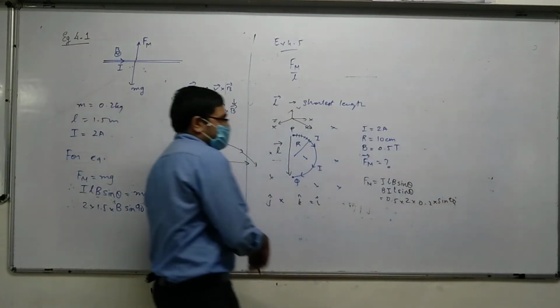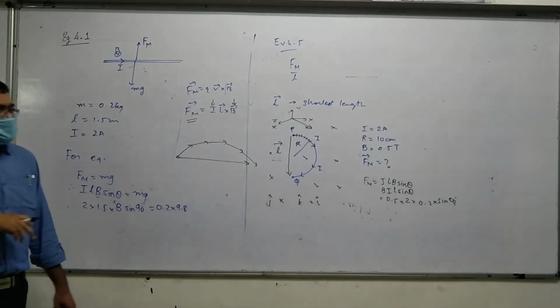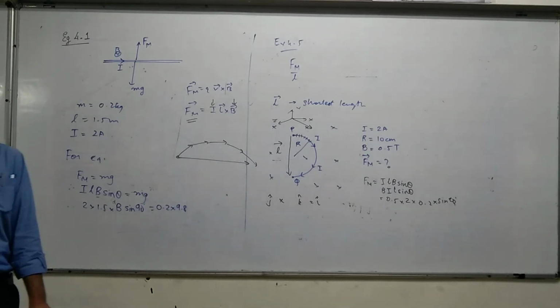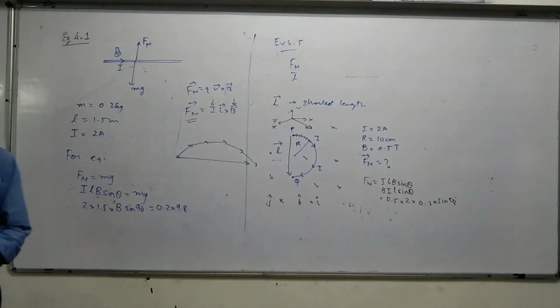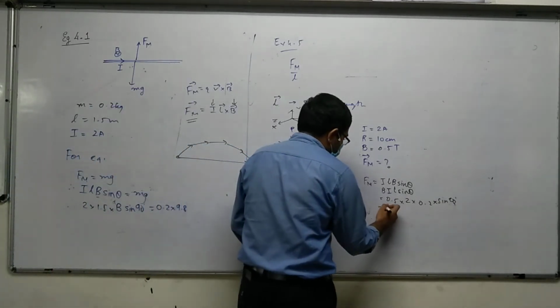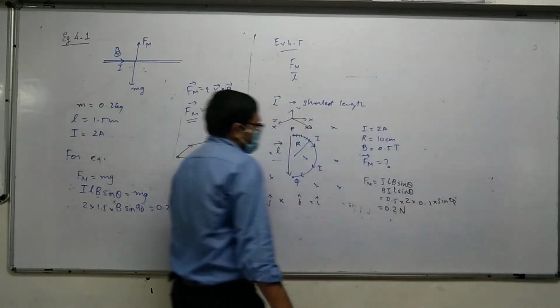So what is the answer? 0.2 unit, what is the unit? 0.2 tesla? No, newton. What are we finding? Force, and the unit of force is newton. So the final answer is 0.2 newton.